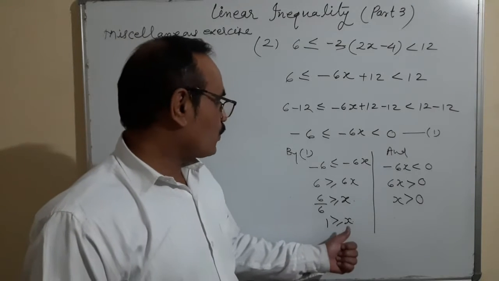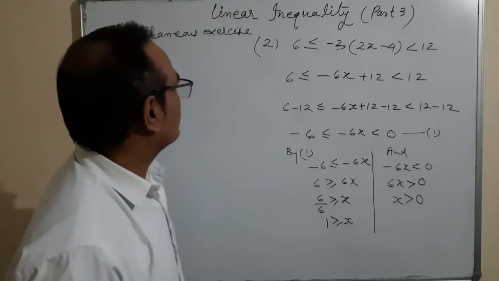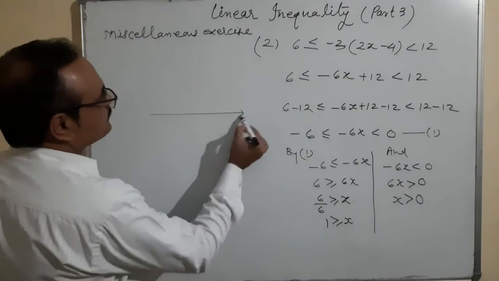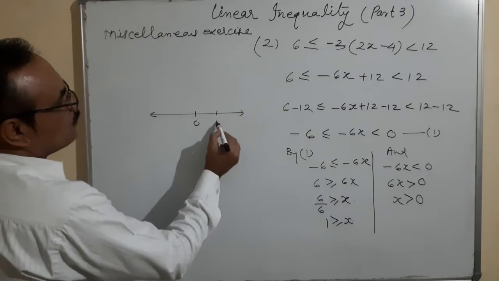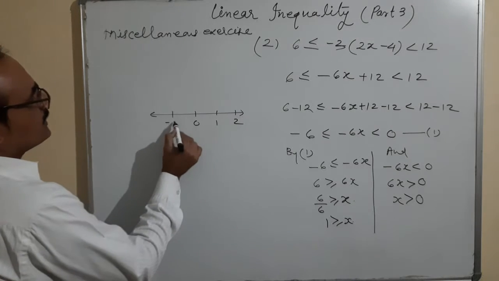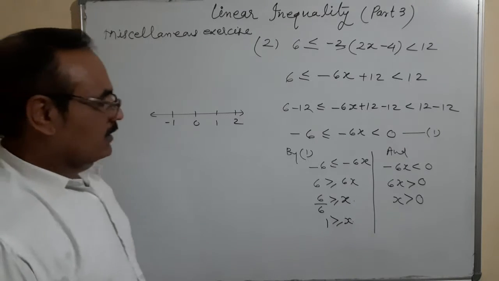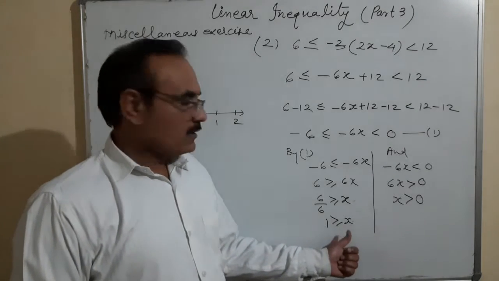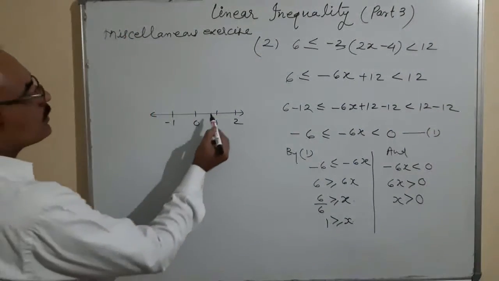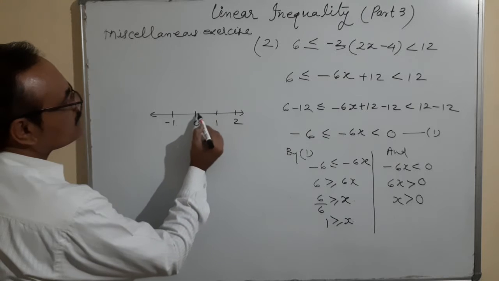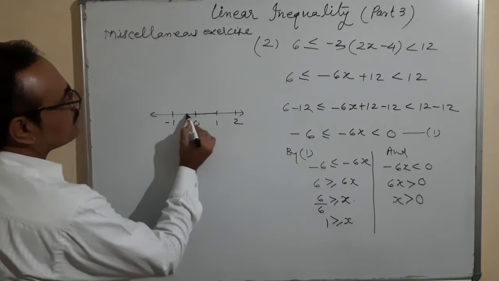Now we'll conclude. You can see on the number line, this is 0, it is 1, 2, minus 1 and so on. The value of x is less than or equal to 1, that means towards this side.